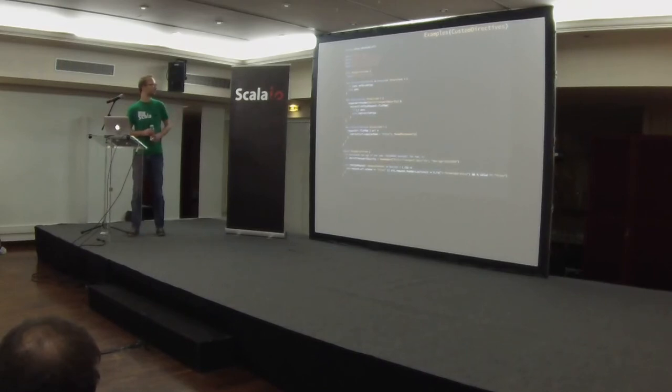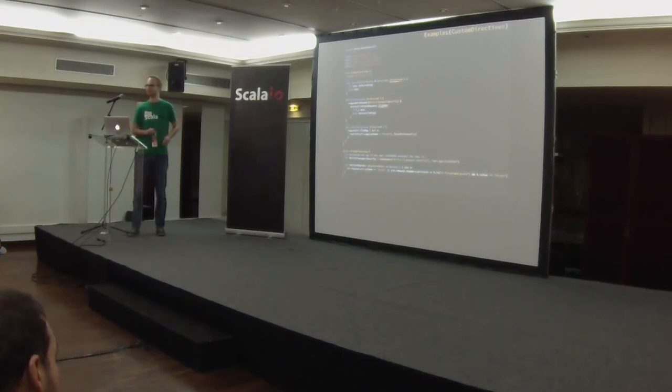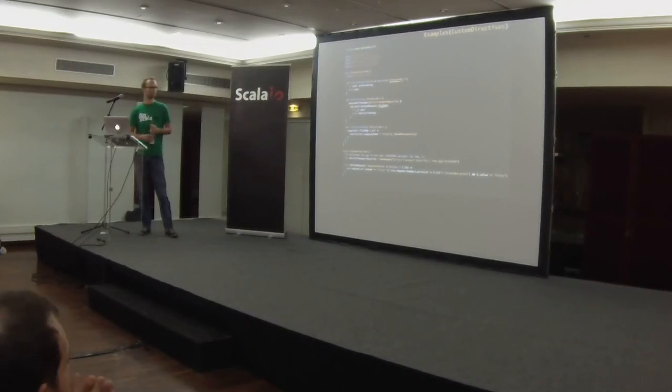So extract is a directive that is one of the core directives that extracts a piece of data from an HTTP request. In this case, it produces a boolean, but it's a directive.